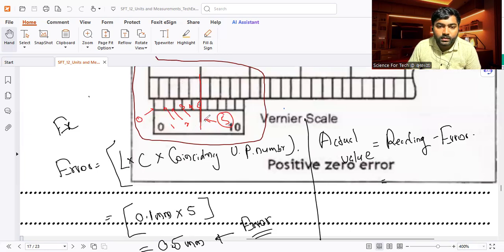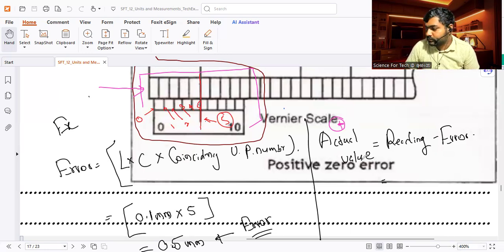In your figure, the fifth part number is coinciding with the main scale. Yes, sir, but not exactly like in the figure. Okay, so I think it's better to draw this one again. No need to draw everything. Just this part. And find the error. And write this one: actual value is equal to reading minus error. Okay, sir.